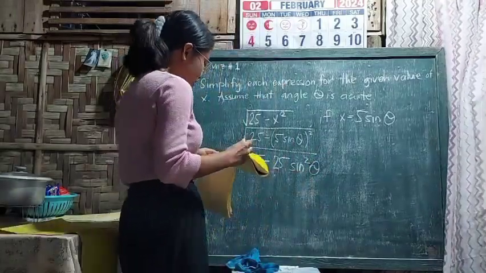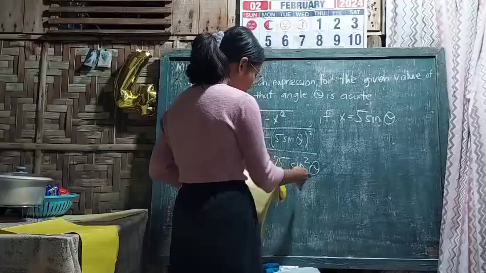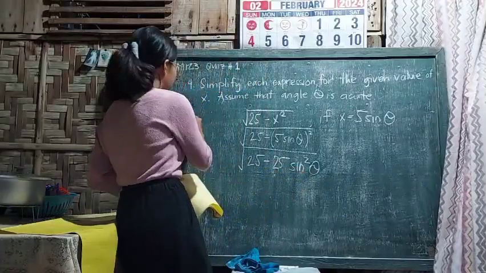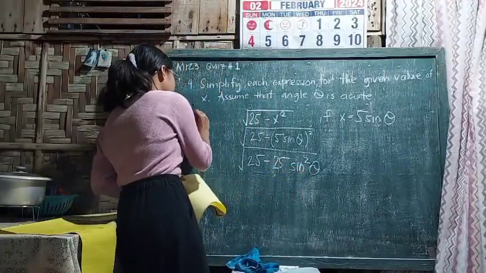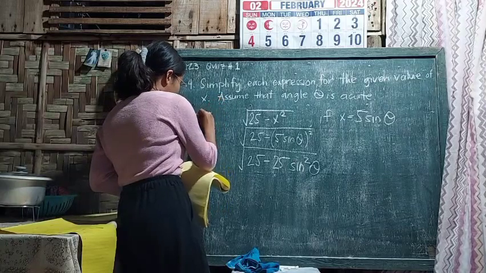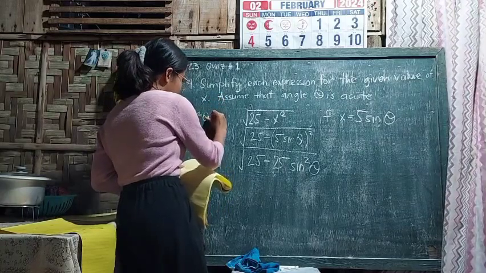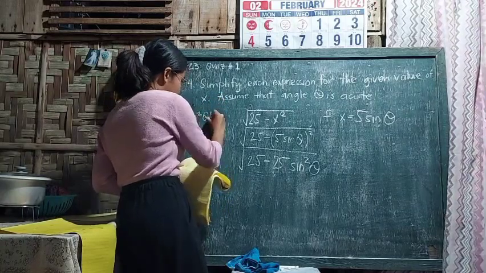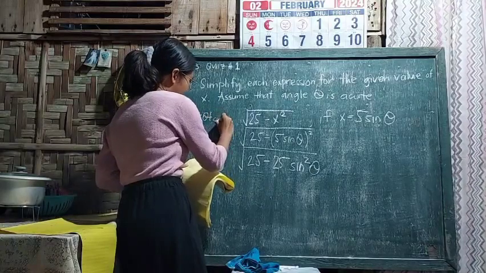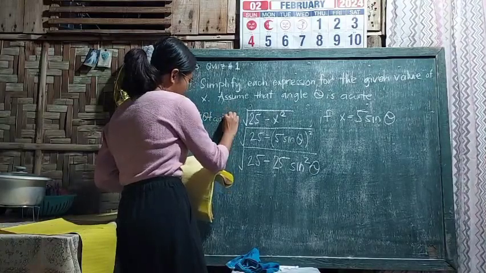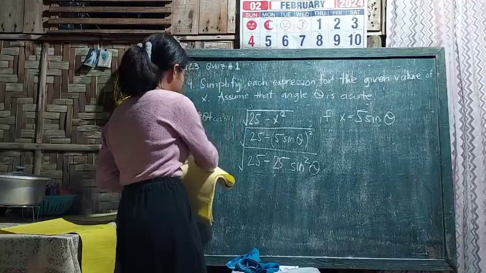After that, we are going to use the Pythagorean identity. The Pythagorean identity is sine squared theta plus cosine squared theta is equal to 1.